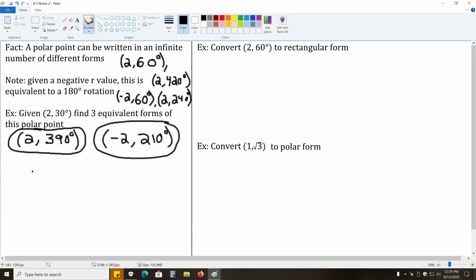And finally, from there, we could take the regular 2 again, and then we could subtract 360 degrees from it, which gives us negative 330 degrees. And these are 3 equivalent forms of that polar point.